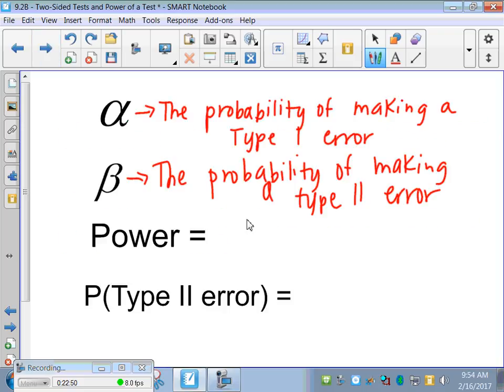The power would be 1 minus beta. So if it was a 24% chance of making a type 2 error, the power is 74% that we do it right and avoid making a type 2 error. And the probability of getting a type 2 error is 1 minus the power, because those go together, right? So if you do 1 minus power, you get the 24%, which is the probability of getting a type 2 error, which is beta. Okay.